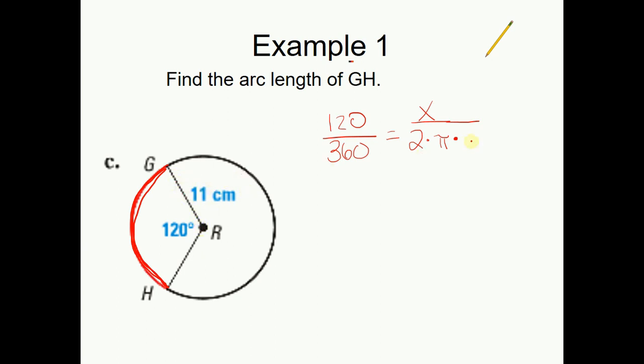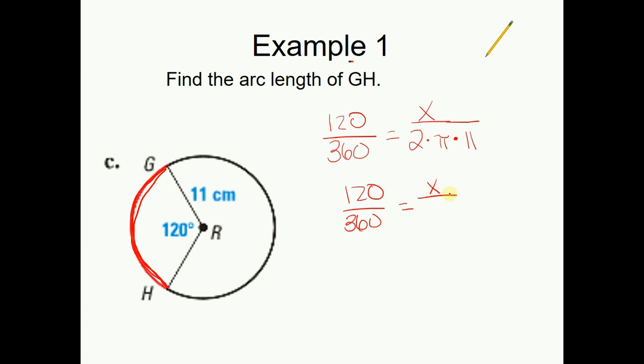That's 11 centimeters. Okay, let's figure out what 2 times pi, and we're going to use 3.14 for pi, times 11 is. So that's 120 over 360 equals x over, and let me grab my calculator here.